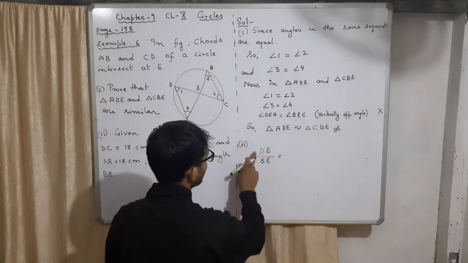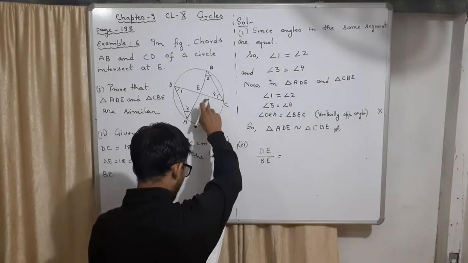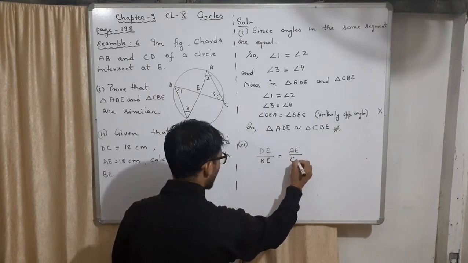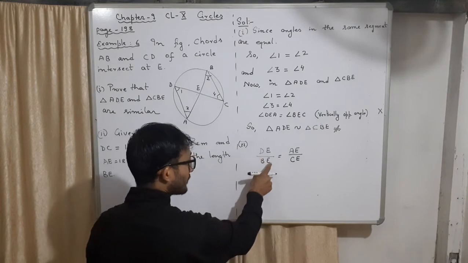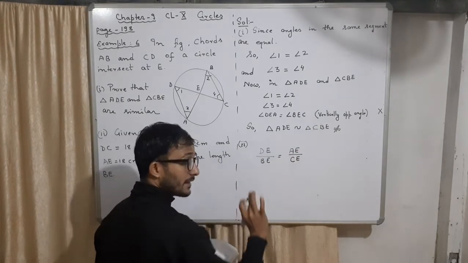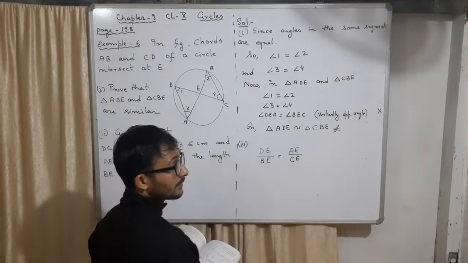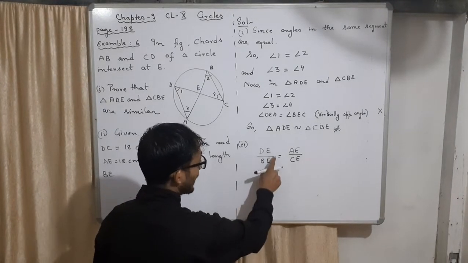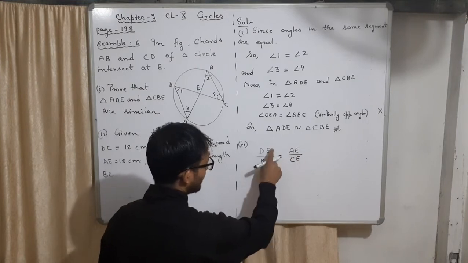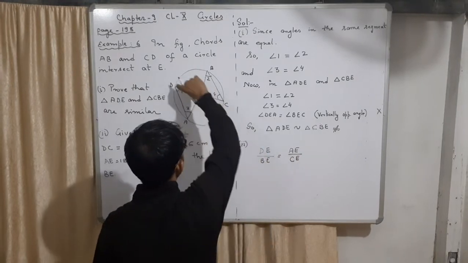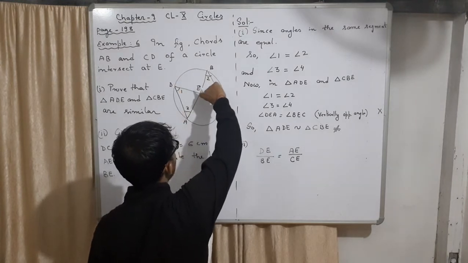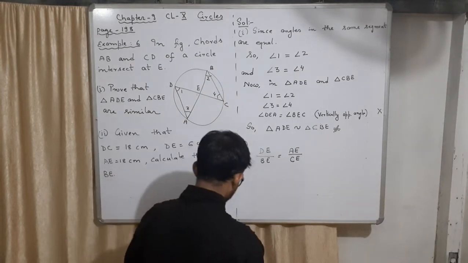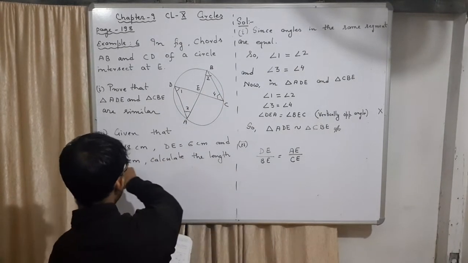Similarly, in the other pair, I choose AE divided by CE. If I take that, it will be equal. This is the meaning of being proportional. Not equal, proportional. It means if it is 2 times this, this will also be 2 times that. If it is 3 times, it will be 3 times like that.